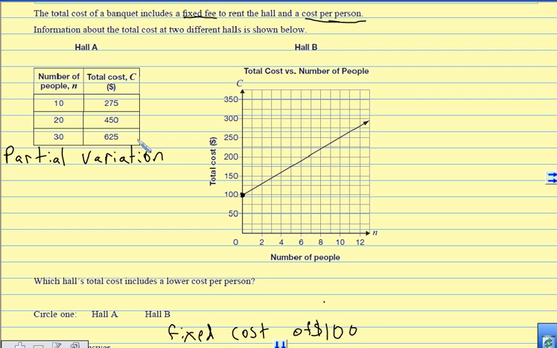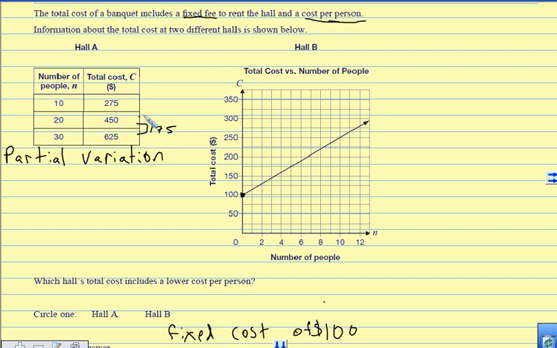So if I look here at 30, 20, and 10, what's the pattern going on here for the cost? From 20 to 30, what happened? They added 625 minus 450, well, that's 175.